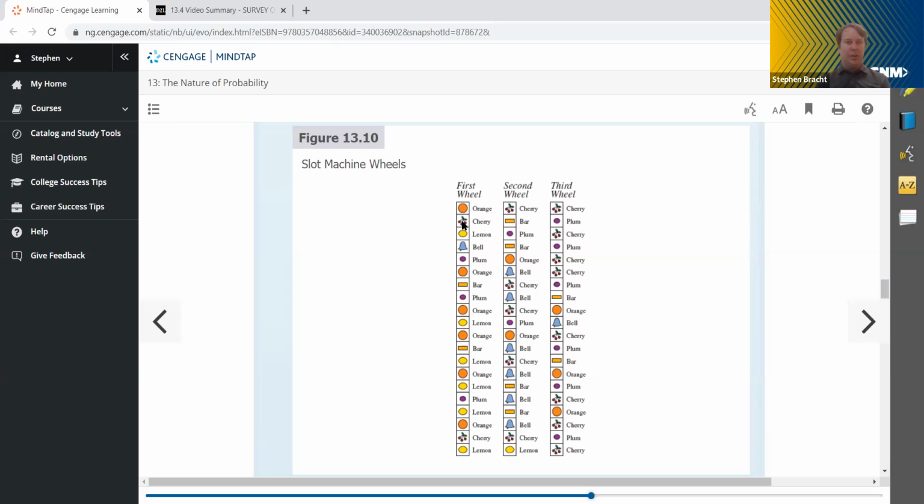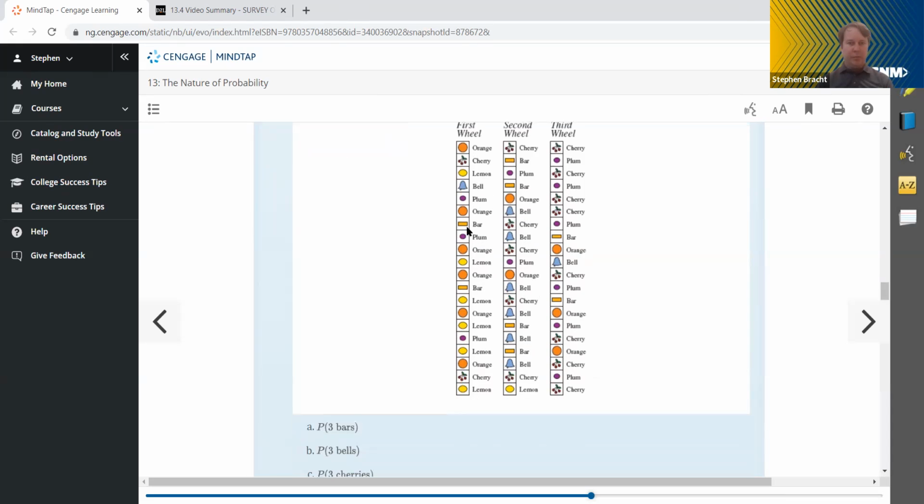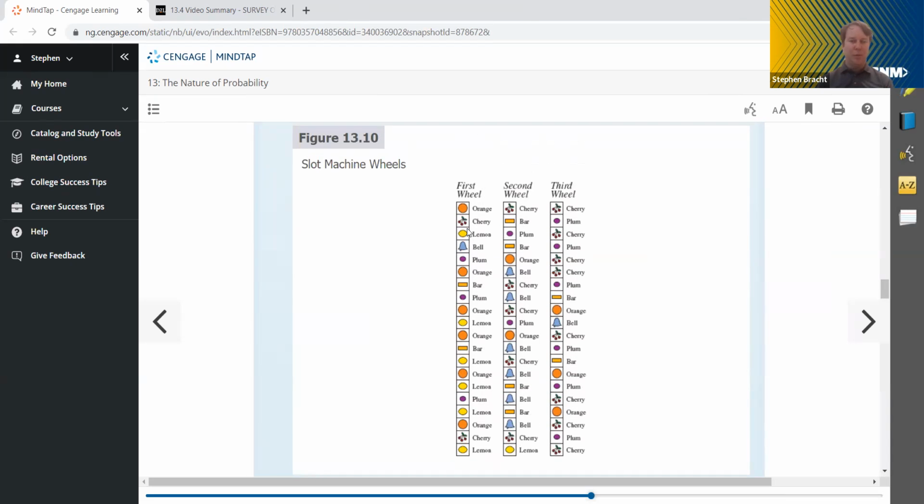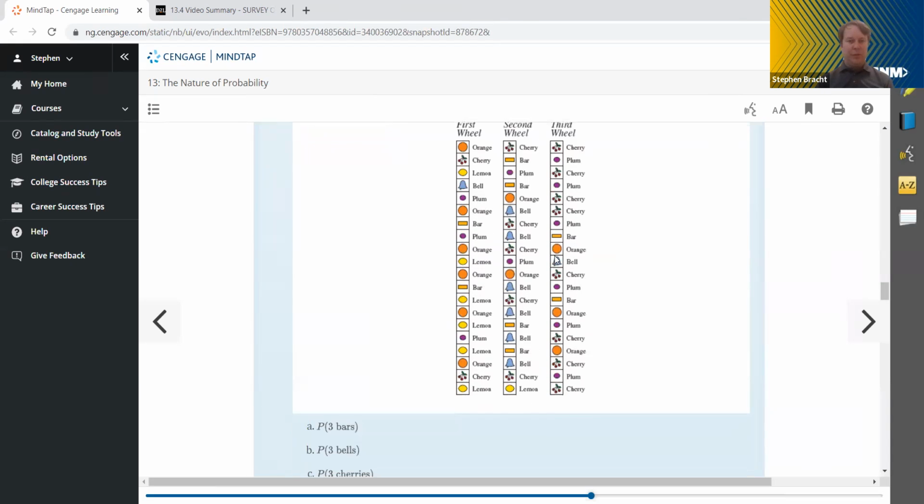So whatever you get on the first wheel is not going to have any influence on what you get on the second or the third. They're considered independent events. So you'll have some similar problems on your homework. We want to answer a series of questions. Each wheel has 20 slots, and the slots correspond to, I guess, different fruits.